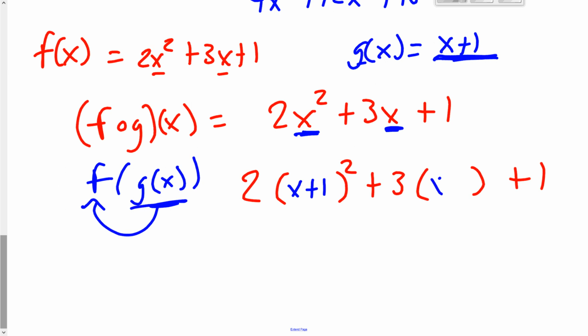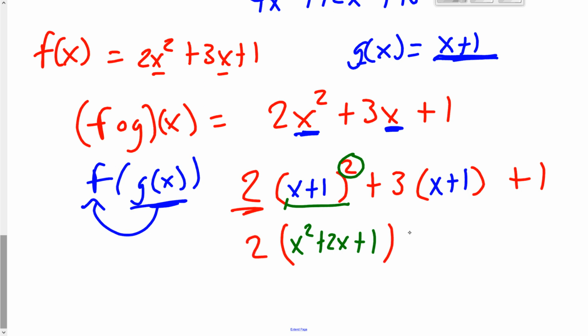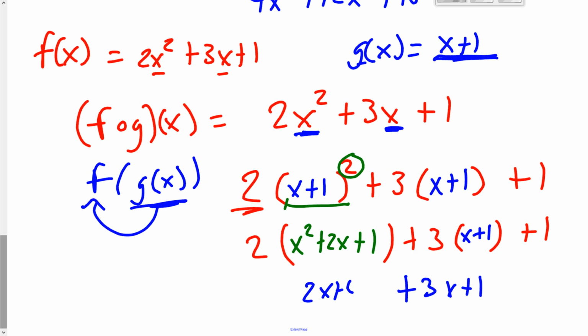X plus 1. Now I got to square this first, right? So I get an x squared plus 2x plus 1. And then I'm going to times that by this 2 on the outside. And then I could also distribute this 3 to both of them, so I would get a 3x plus 1. And then here I'd get 2x squared plus 4x plus 2.